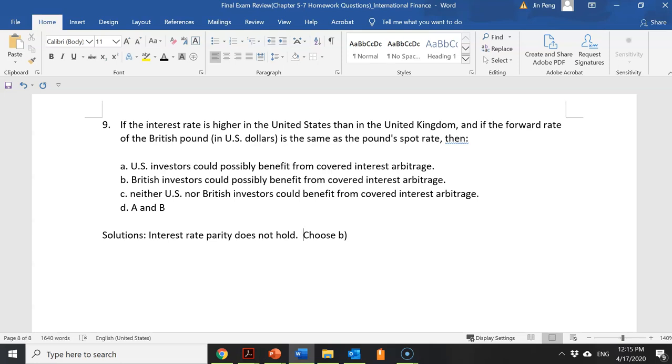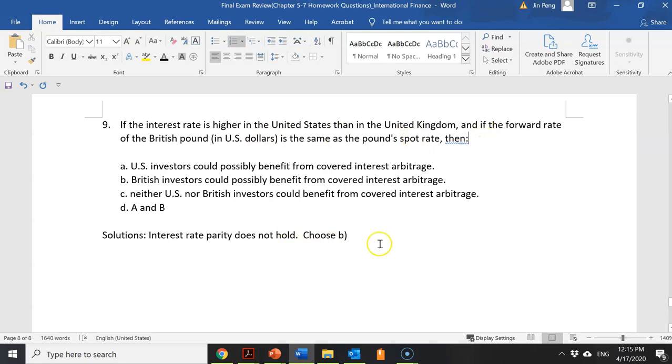Okay, because we know for interest rate parity, the difference between the interest rates will be the forward premium. Okay, but here they're not equal to each other.